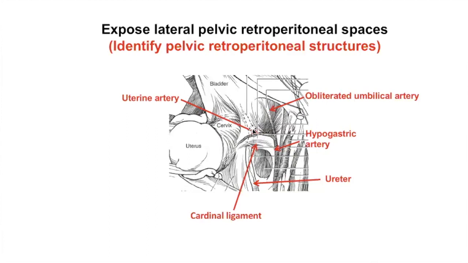These are structures that must be identified in the process of performing the radical abdominal hysterectomy.